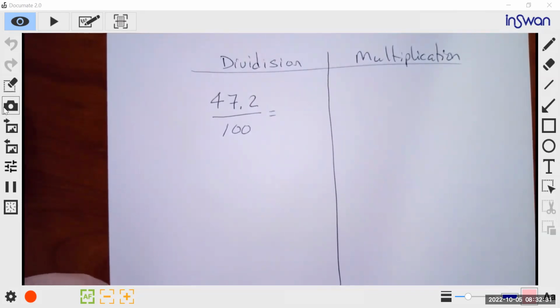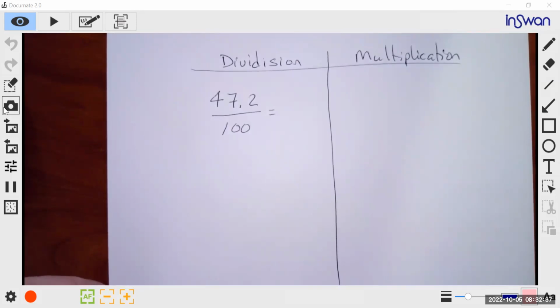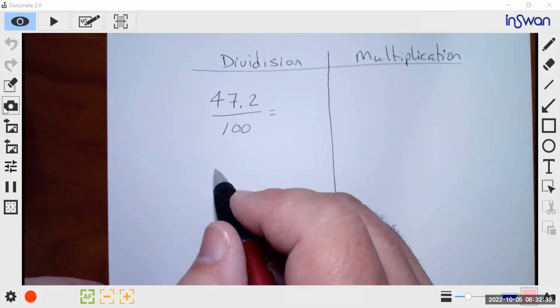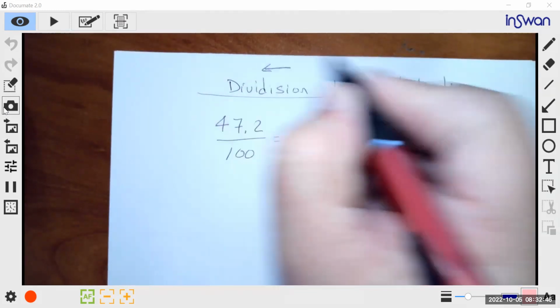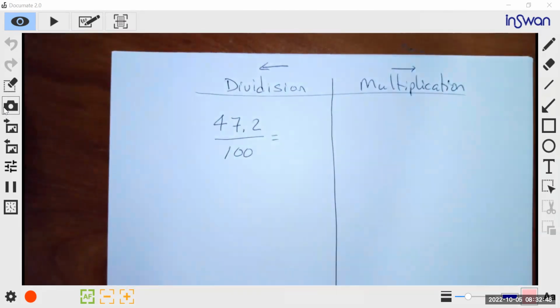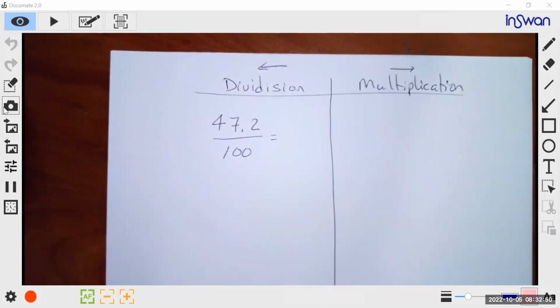47.2 divided by 100. Since I'm dividing, which direction do I go? Left. Division, you go to the left. Multiplication, you go to the right, because when you divide, you make it smaller.